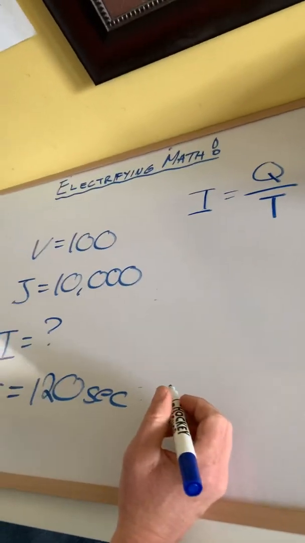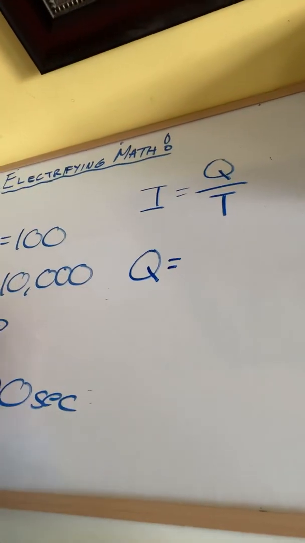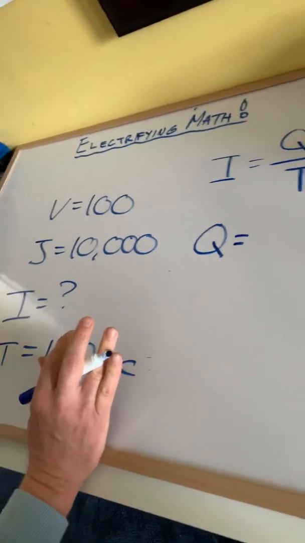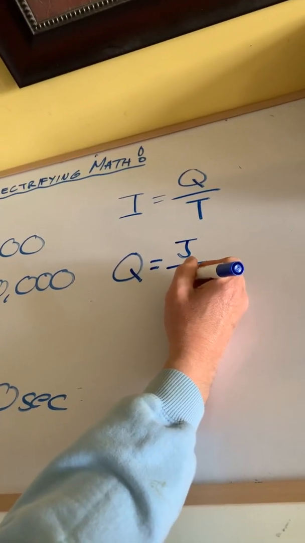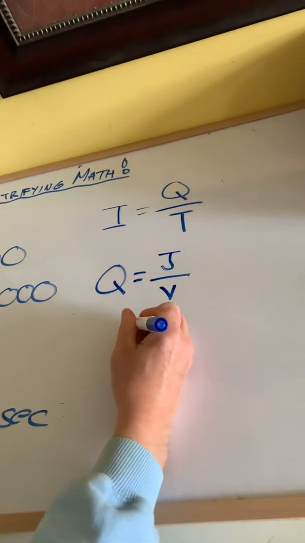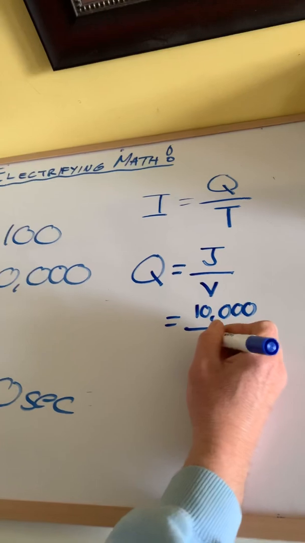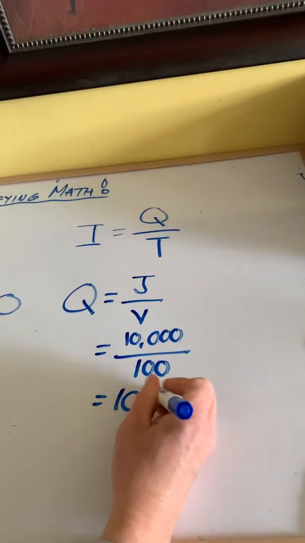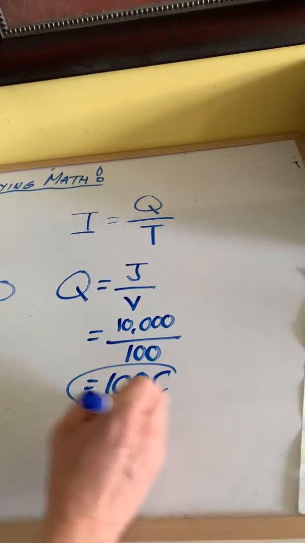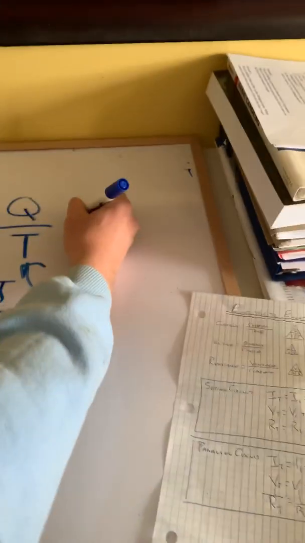We've got the T, but we don't have the Q. So we need to find a charge equation where the information's there to let us have it, okay? And we know that charge is our energy divided by our voltage. Joules divided by voltage. So 10,000 divided by 100. That's an easy one. That's 100 coulombs.